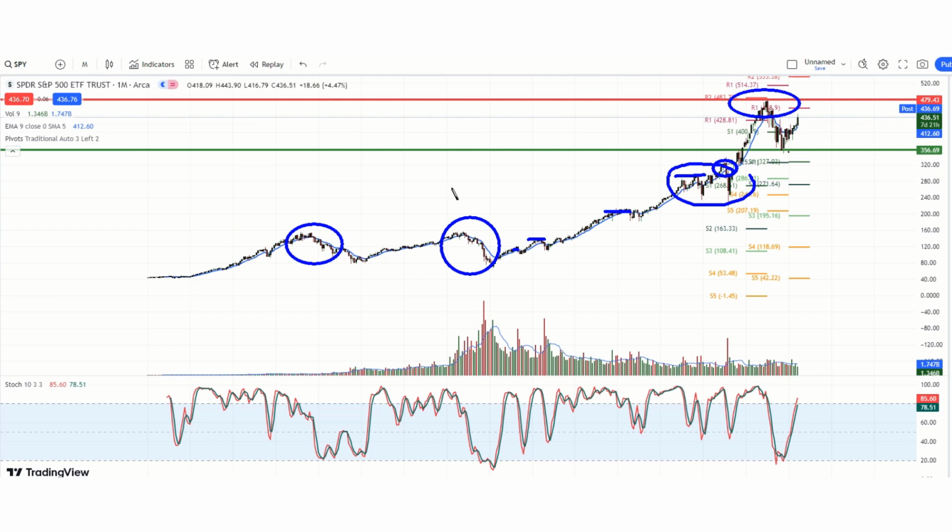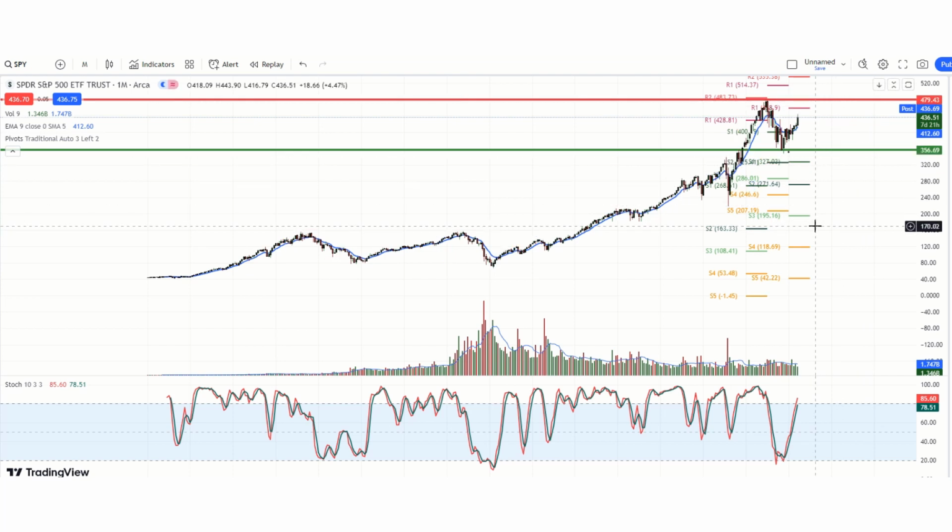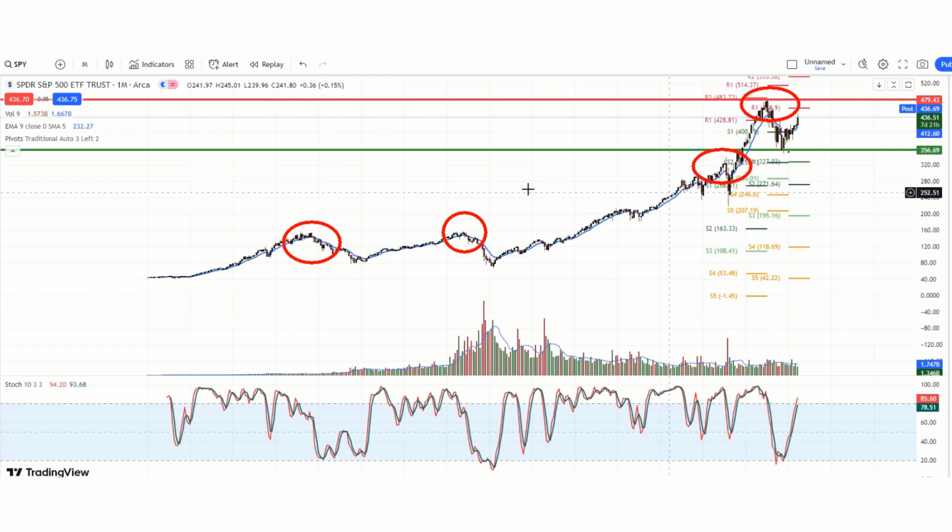Okay? So 1, 2, 3, 4. We're in that fourth peak right now. Okay? So that's something, just letting you know. Those are the bubbles. 1, 2, of course, that little one, and the monster one coming. Okay? Okay, those are your bubbles. See the bubbles?